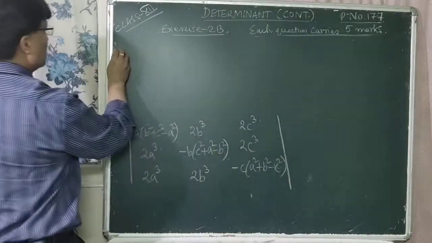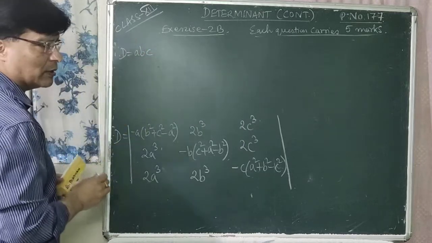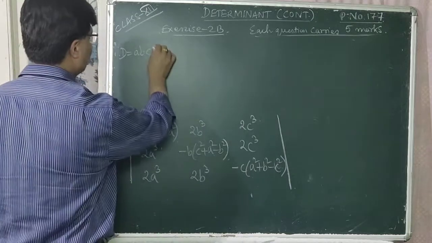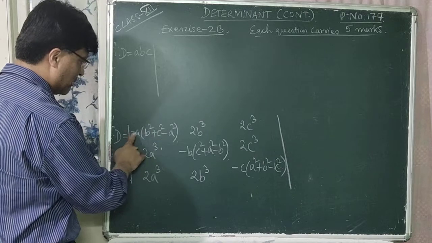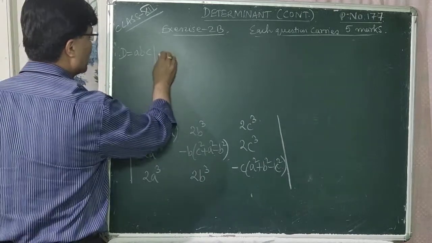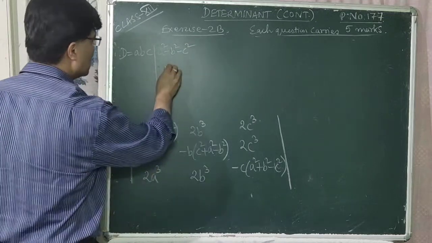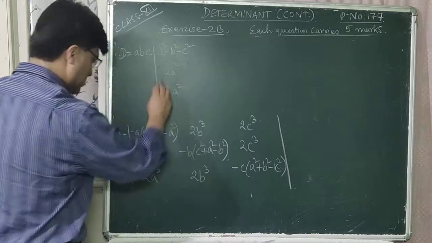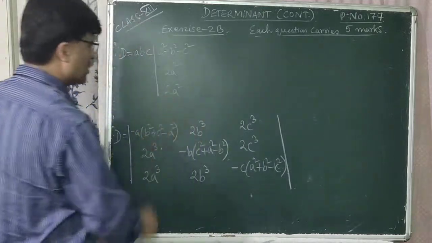So therefore D is equal to A, B, C taken common from the first row, second row and the third row respectively. So now it becomes, now multiply by minus sign here, minus into minus plus, A is taken outside, minus into minus plus, A square minus B square minus C square. So it is 2A square, this is also 2A square because A is taken common outside. From the second column also, what is common there?